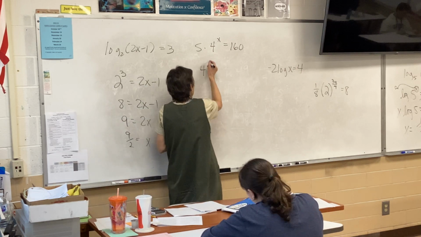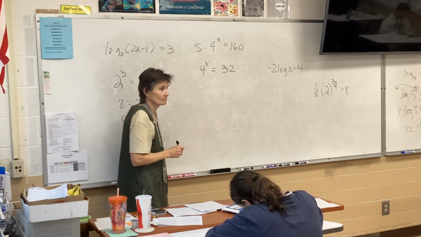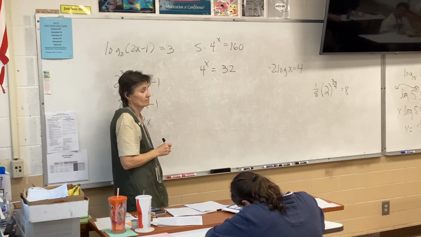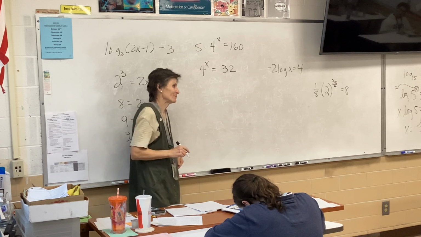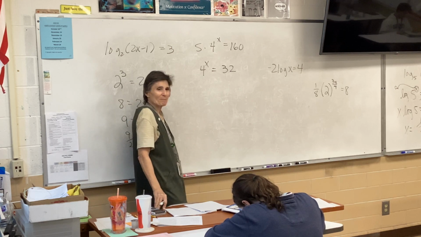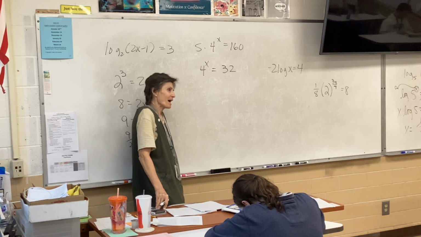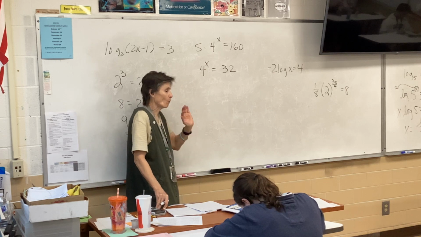32. So 4 to the x equals 32. I think we had that problem yesterday. Anybody remember how we did it yesterday? Make 4 into 2 squared, and 32. Exactly. See, 32 is not a power of 4.